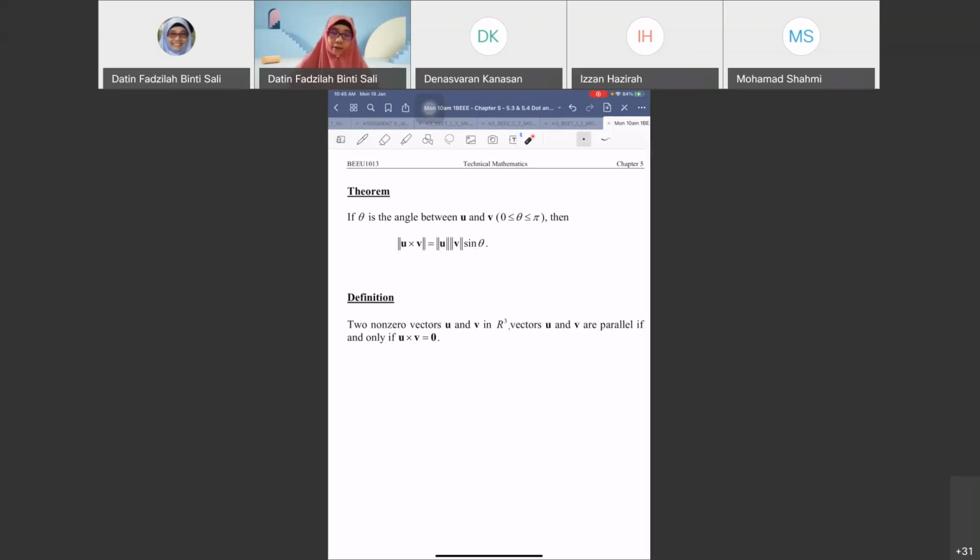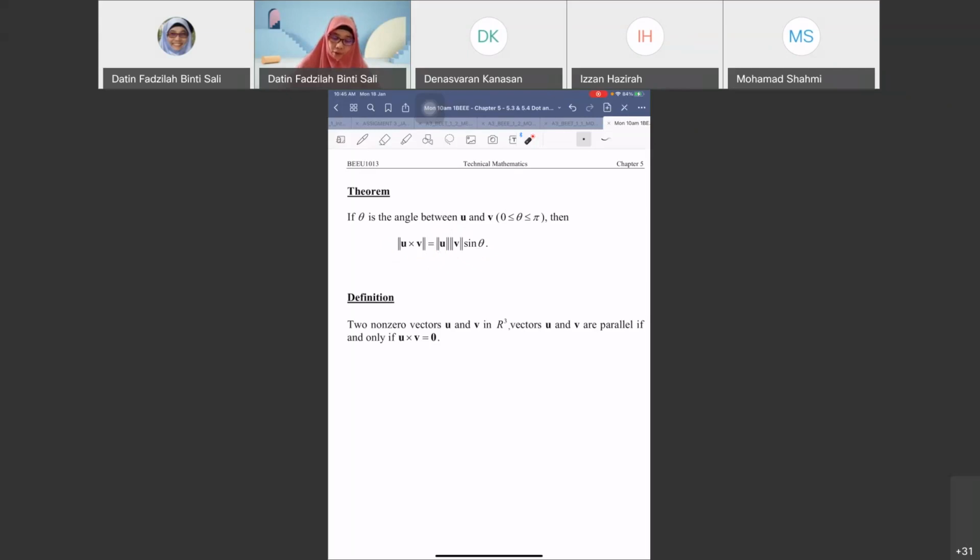So if the question asks for the magnitude of the cross product, and theta is also given, then you can use this theorem to find the magnitude of the cross product. This theorem is only applicable for questions where they straight away give you the magnitude of u, the magnitude of v, and the angle between u and v.